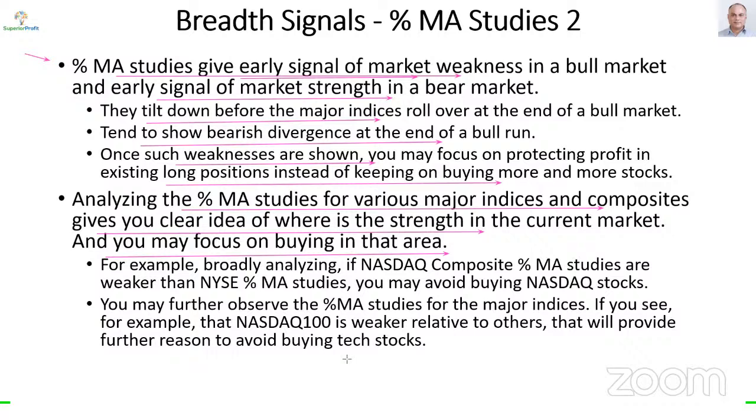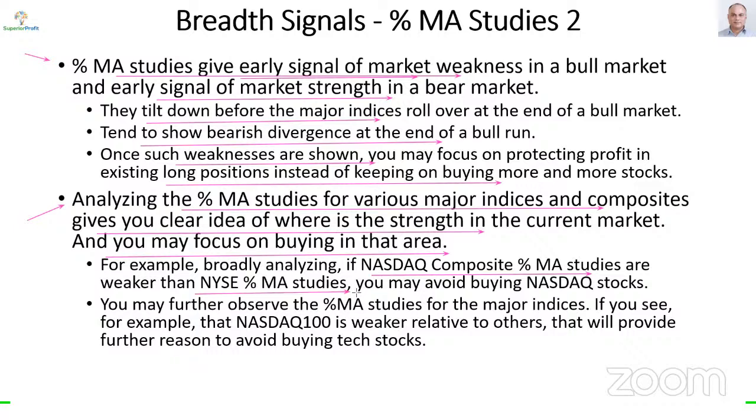And also, you will look at the percentage moving average studies for the individual indices to see where the strength is. For example, broadly analyzing if NASDAQ Composite percentage MA studies are weaker than NYSE percentage MA studies. And this is what is actually happening now.